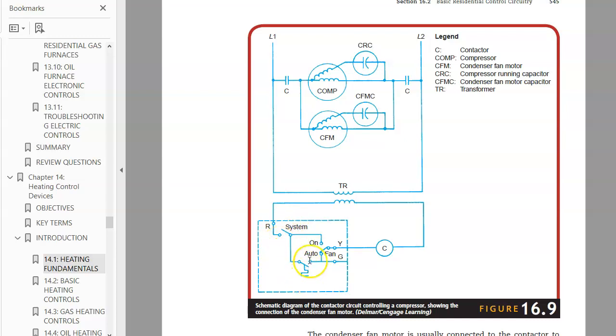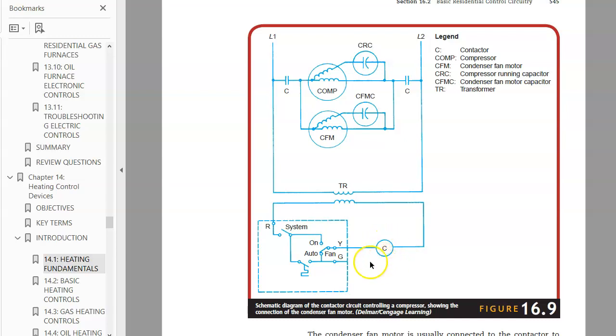When the temperature is high, there will be a current moving through these circuits. When it does, this contactor relay will energize.